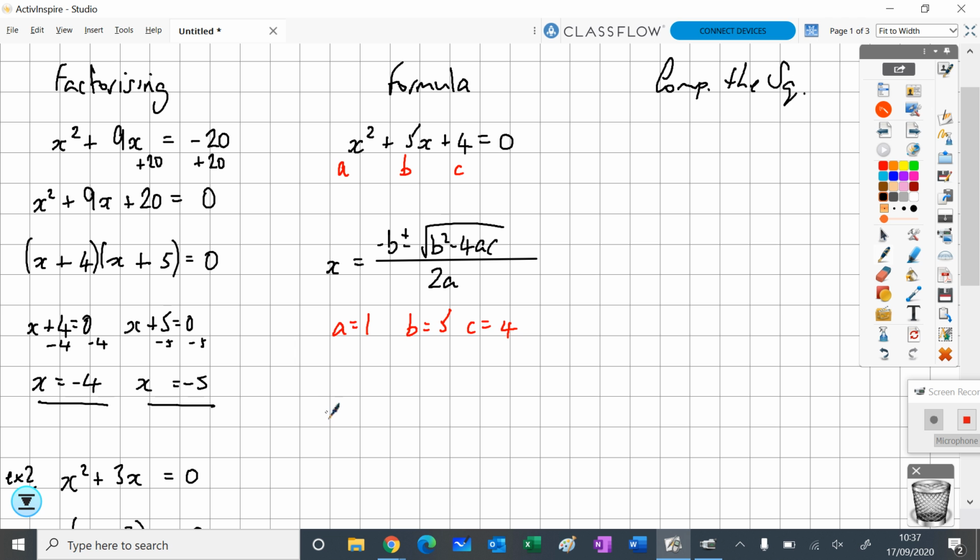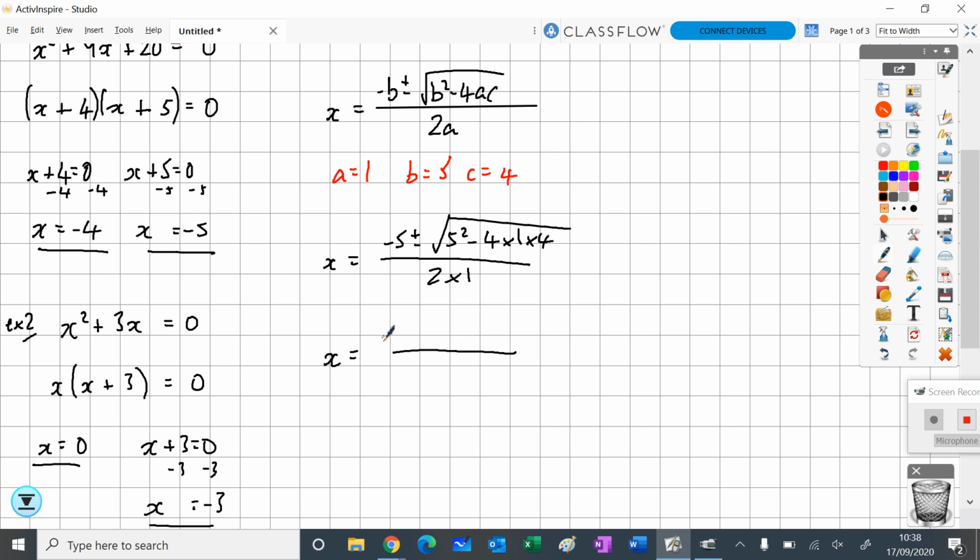So it follows then that x equals negative 5 plus or minus the square root of b squared minus 4 times a times c, all over 2a. x equals minus 5 plus or minus the square root of 25 minus 16, all over 2. x equals minus 5 plus or minus the square root of 9, all over 2.